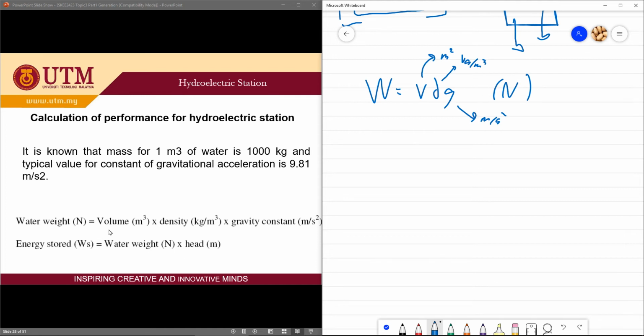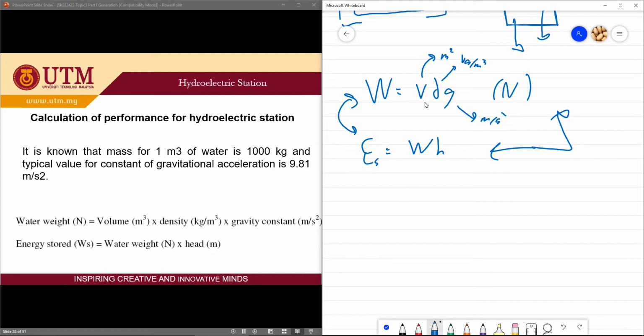So the energy stored is basically E store equals weight multiplied by the head. This is how you calculate the energy production of the hydroelectric station. Only these two formulas. Make sure you memorize this.